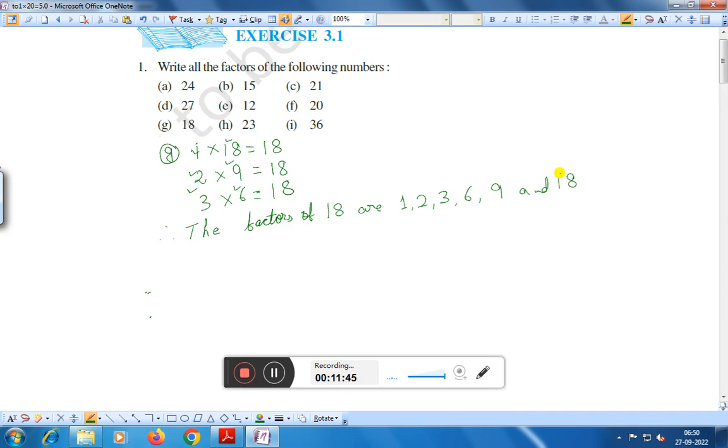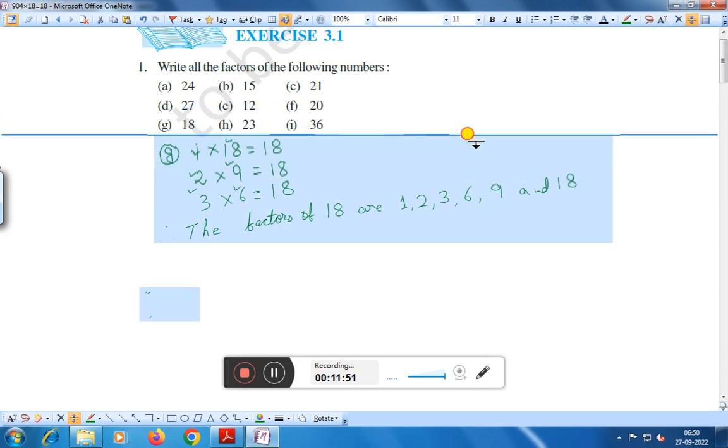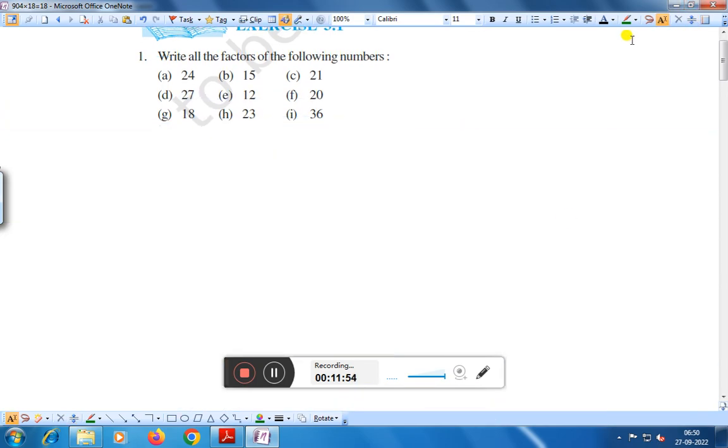These are the factors of 18. Now the next question, that is question number H. We will find the factors of 23.